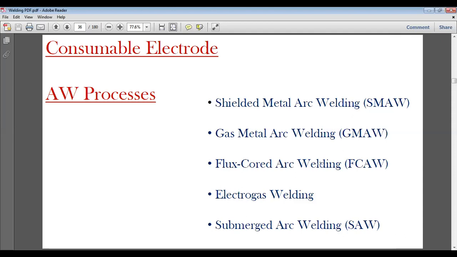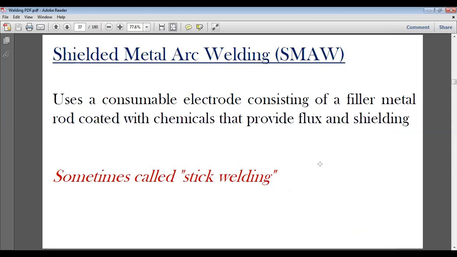As the name implies, the arc is being shielded. It uses a consumable electrode consisting of a filler metal rod coated with chemicals that provide flux and shielding, sometimes called stick welding. So why is this called shielded?